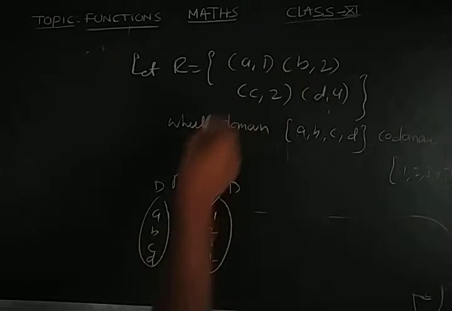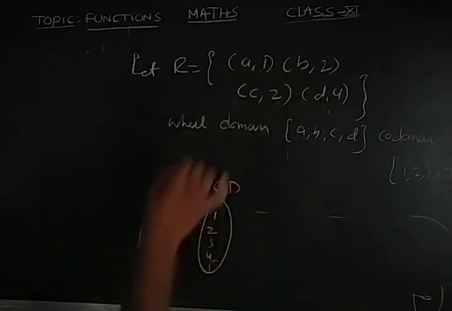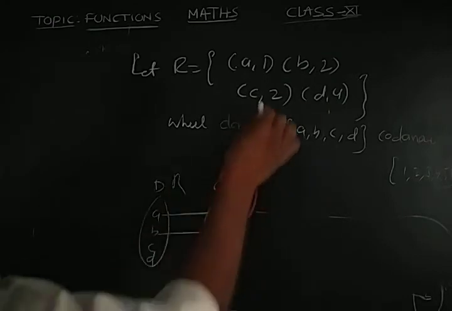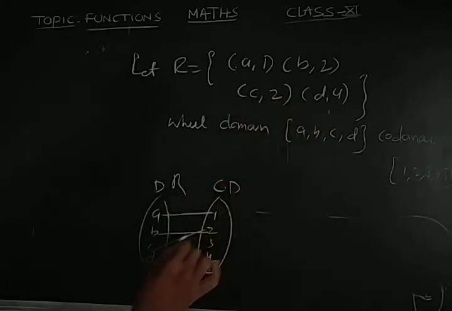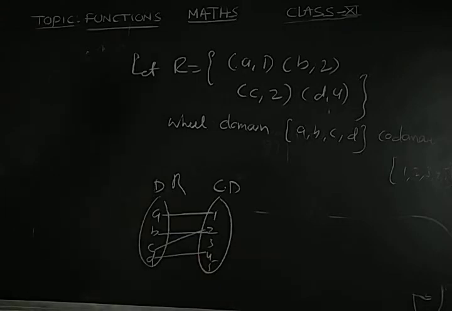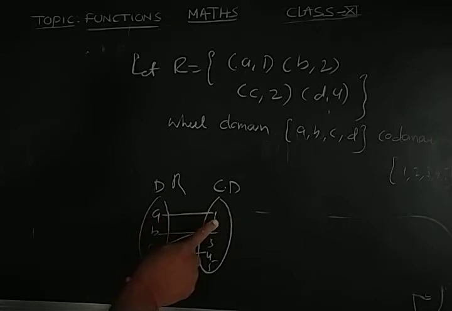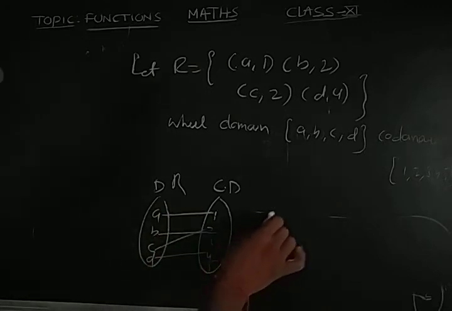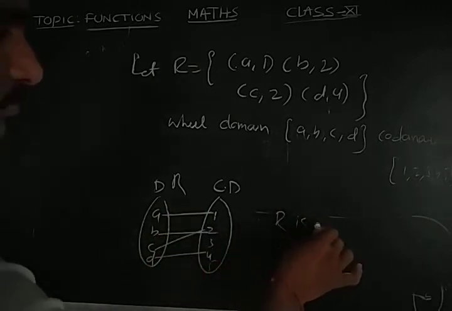According to these ordered pairs, A is related with 1, B is related with 2, C is again related with 2, and D is related with 4. Now is this a function? Yes, every element has a unique image: A has a unique image, B has only one image, C has only one image, D also has only one image. Therefore, R is a function.